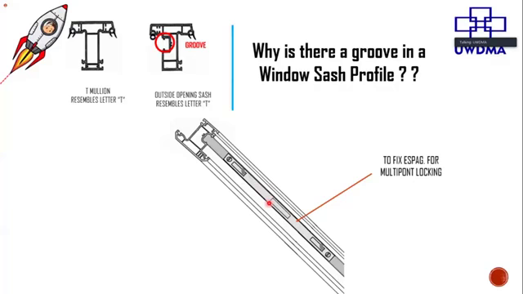Also, there is a special type of hinge used in UPVC windows called friction hinges, and these friction hinges are also fixed in these grooves. So this is the reason there is a groove in the sash profile. Of course, we don't need to fix any hardware in the mullion, so we don't need any groove in the mullion.